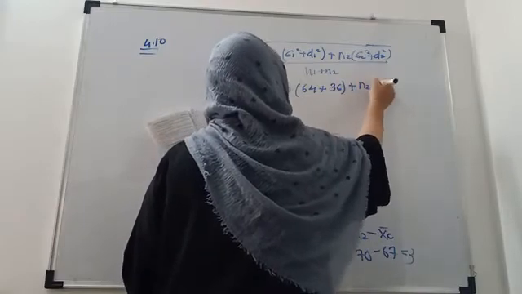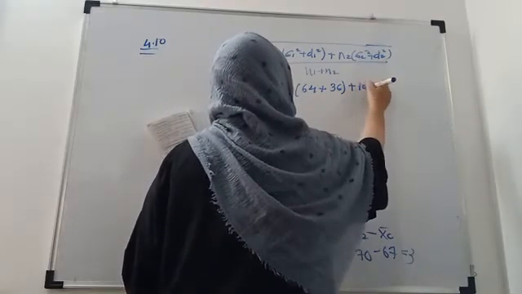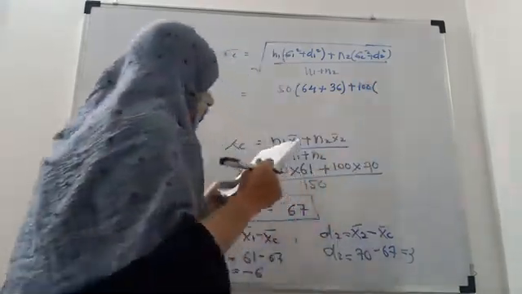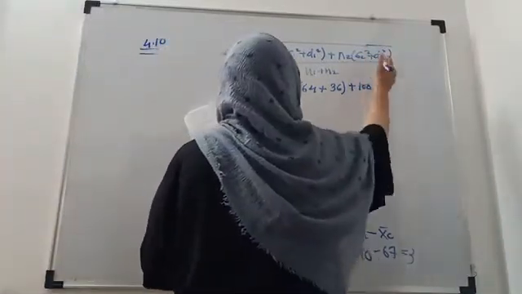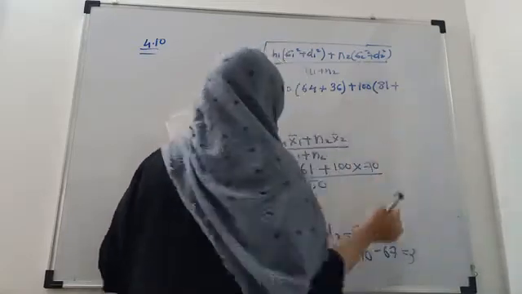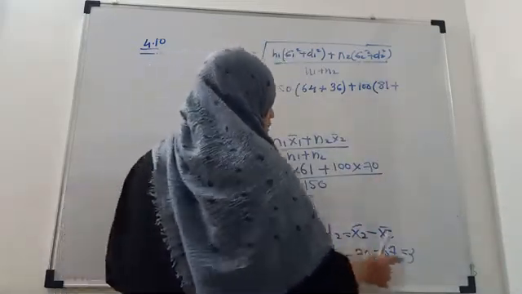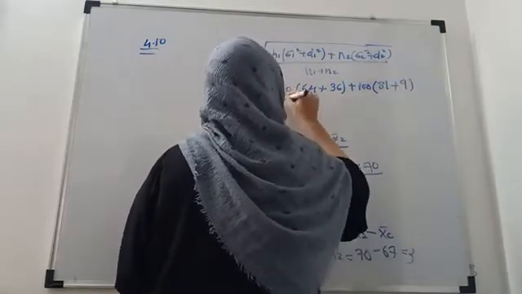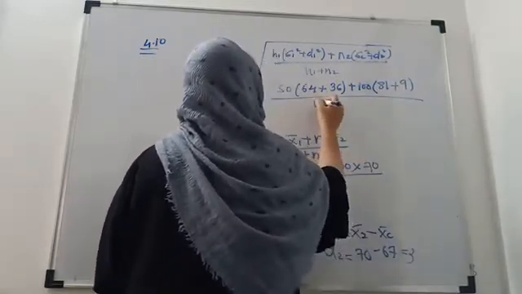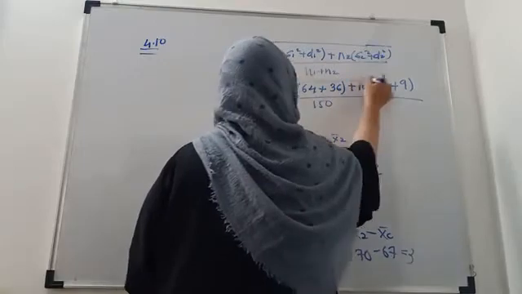Plus n2 is equal to 100, and sigma 2 is 9, therefore sigma 2 square is 81, plus d2 is equal to 3, so 3 square is 9, divided by n1 plus n2, which is 150.